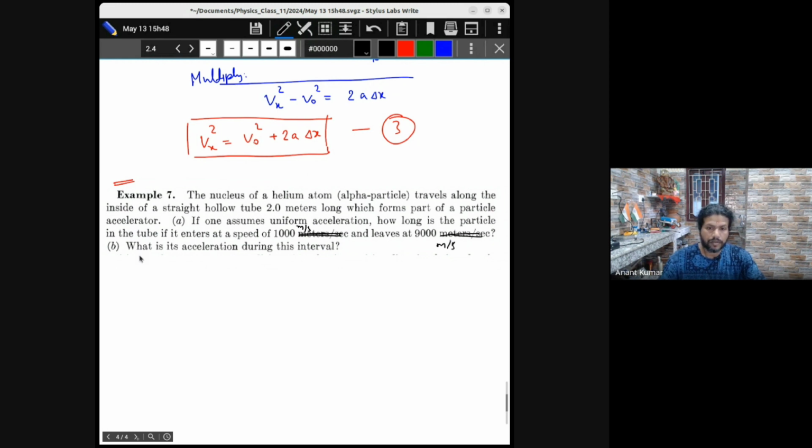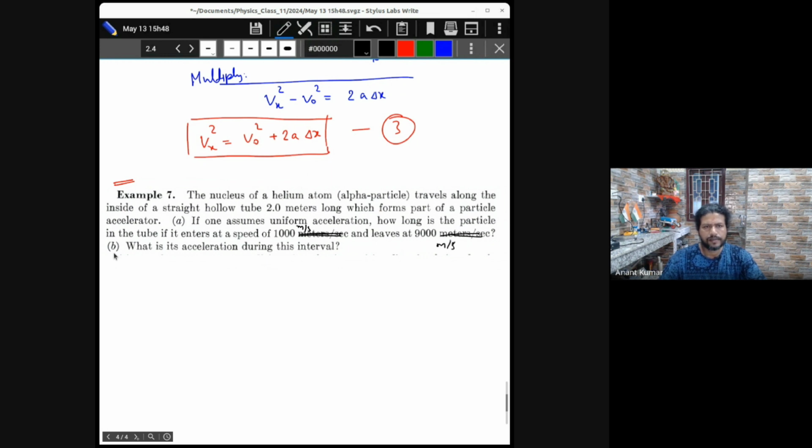I'd like to do this problem applying the equations we've just seen. There are many ways that you could do this question. What do you think is the time interval?